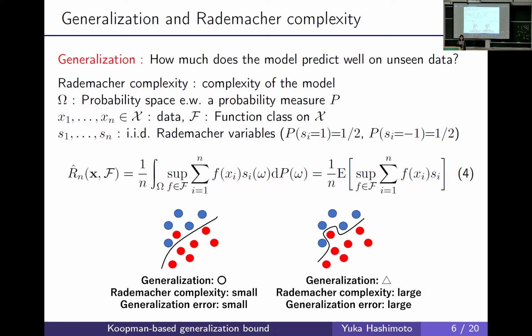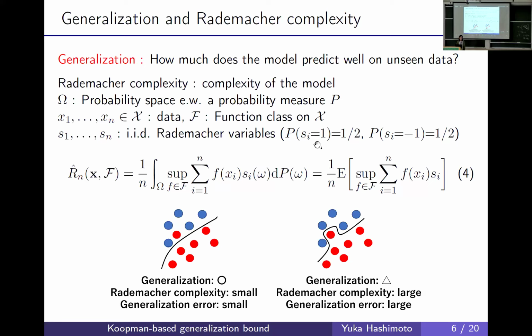Let omega be a probability space, let x_1 up to x_n be given data, let F be a function class, and let s_1 up to s_n be i.i.d. Rademacher variables. That is, s_i takes the values 1 and minus 1 with the same probability.